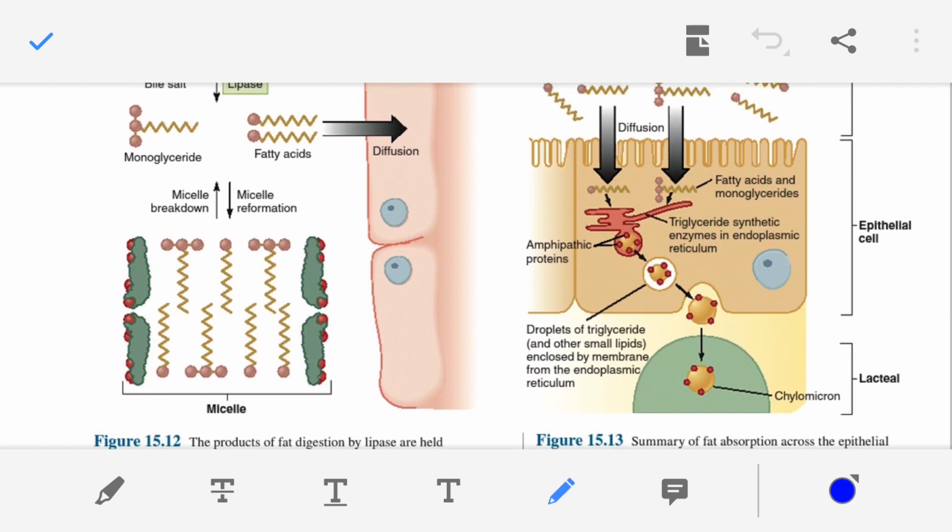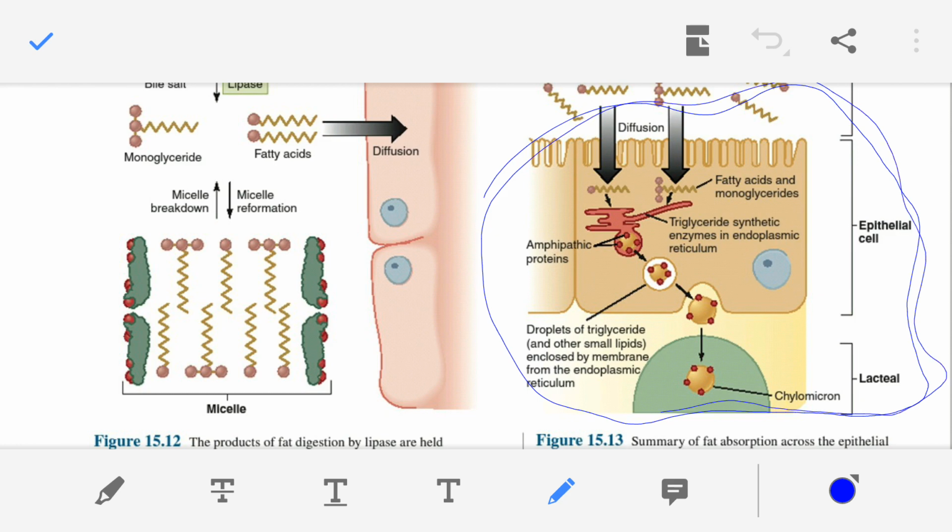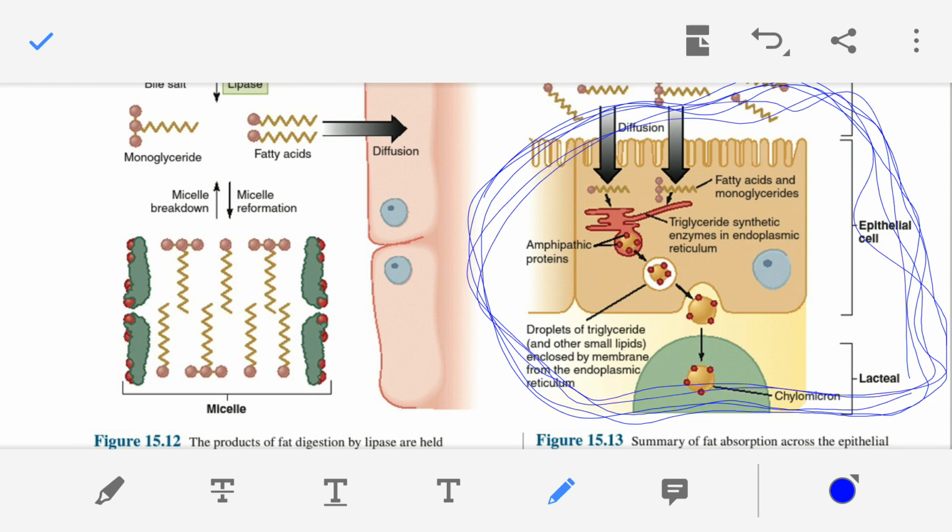And all this I will discuss with you in the lecture on lipid absorption, because this lecture is about the function of the liver and gallbladder. That's why.